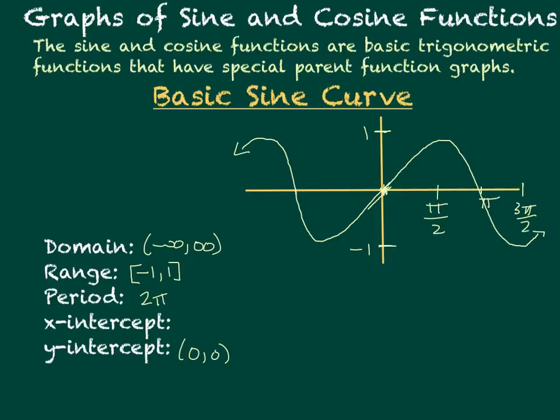And then it goes back the other direction. So we have -pi over 2, -pi, and -3 pi over 2. So it goes the same in both directions.